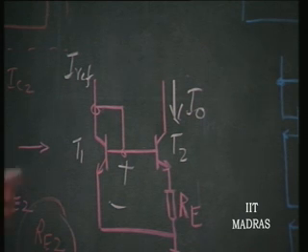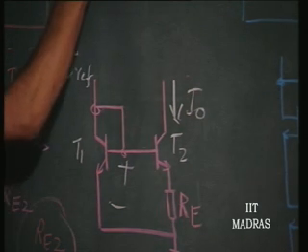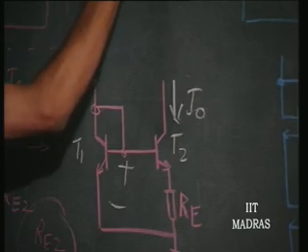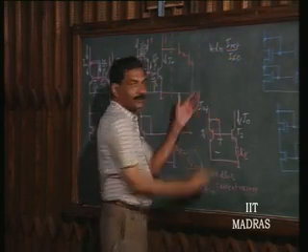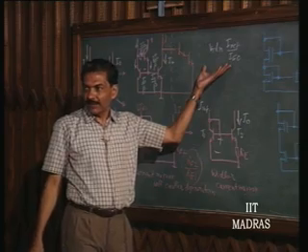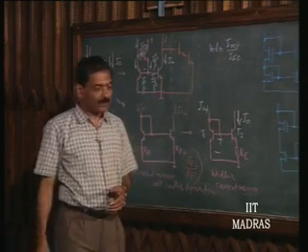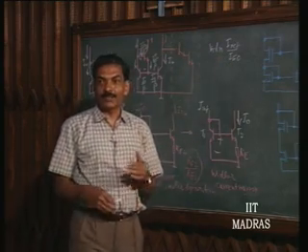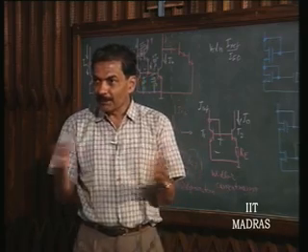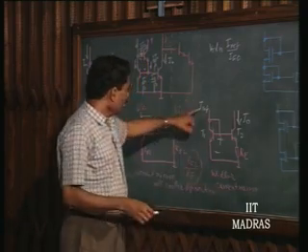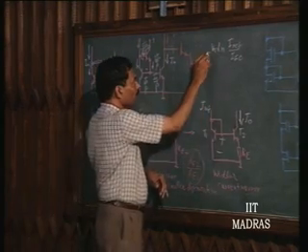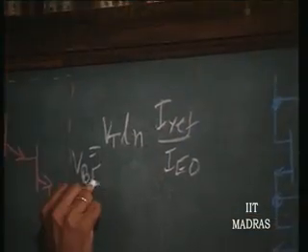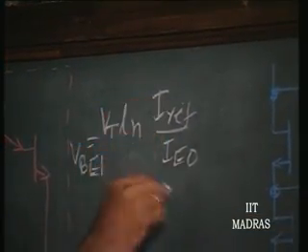VBE1 is Vt log I ref by IE naught. This is known to us. Yesterday we had seen how this relationship is used in obtaining what is called as translinear principle. So, VBE1 is equal to Vt log I reference by IE naught.